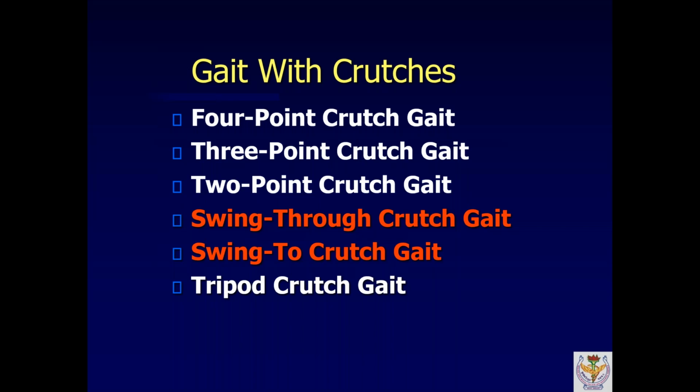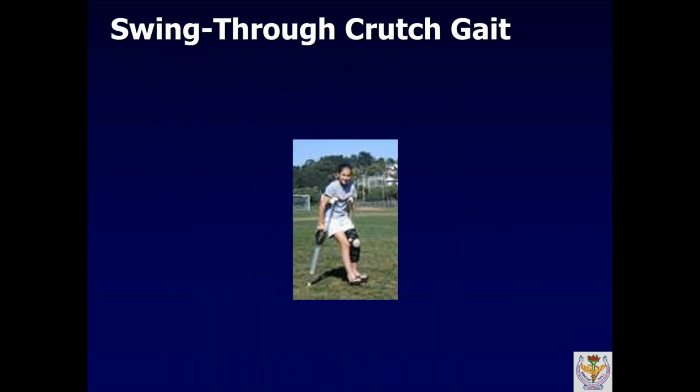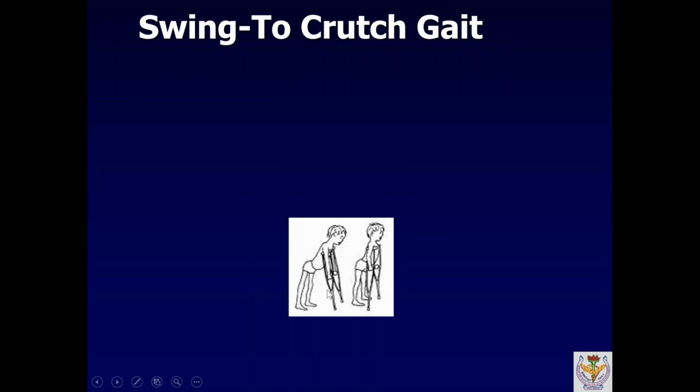Similarly, using crutches, there are different types of crutch gaits, which I'm not going into detail for your undergraduate level, but you should know what is a swing-through crutch gait. That means the patient swings through, and a swing-to means the patient walks up to the crutches. So these are axillary crutches. The crutches should not be touching the axilla, right? Because then you can have a high radial nerve palsy.